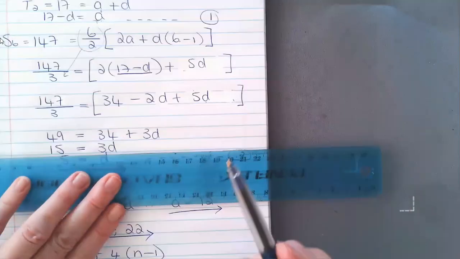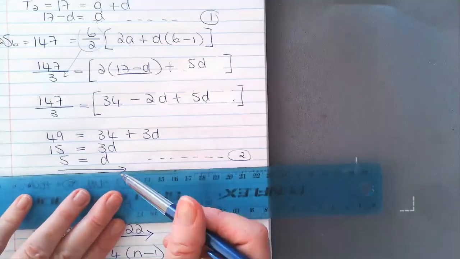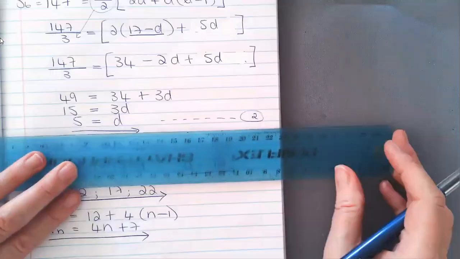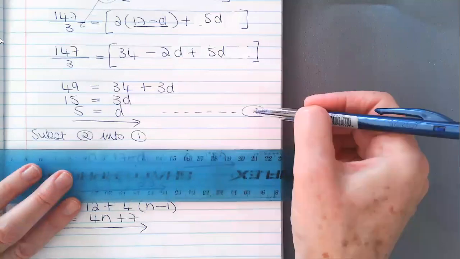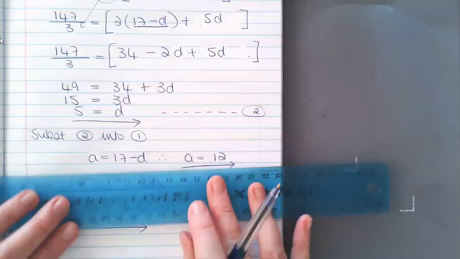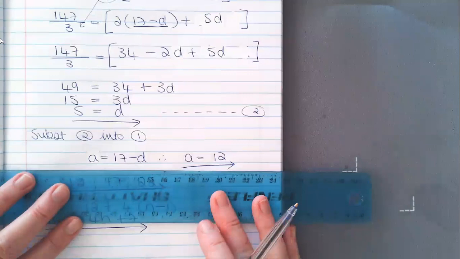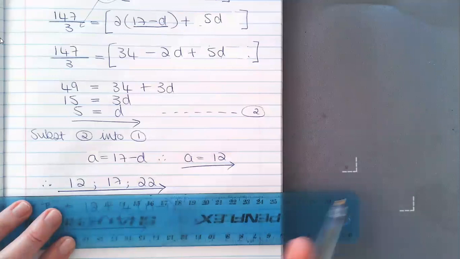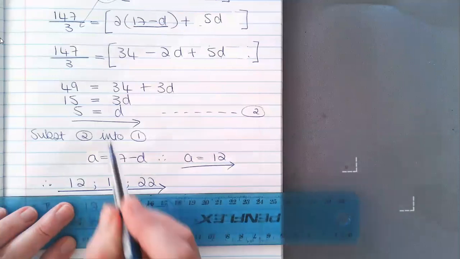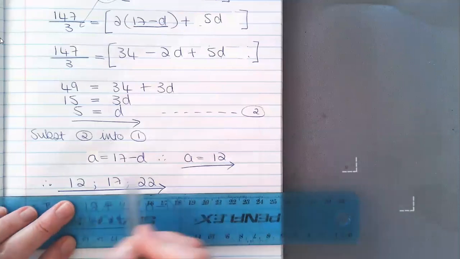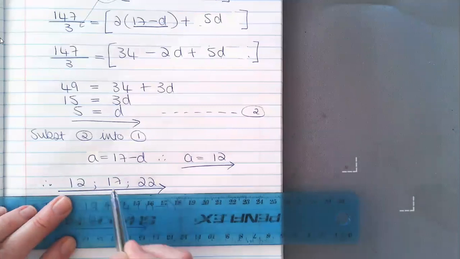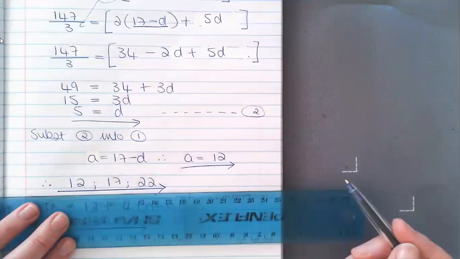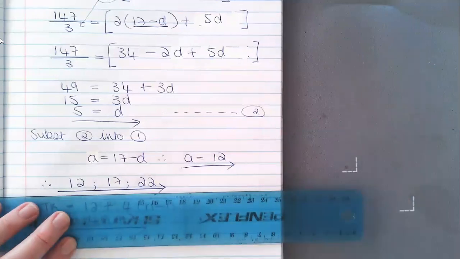And I can solve d equals 5. I can say this is number 2 or number 3 as you wish, and then substitute 2 into 1 to get the a. So the a is 12, and that means I've got the d and I've got the a. So the a is 12, 12 plus 5, 17, plus 5. So that's the first 3 terms. That is the question they are asking us.